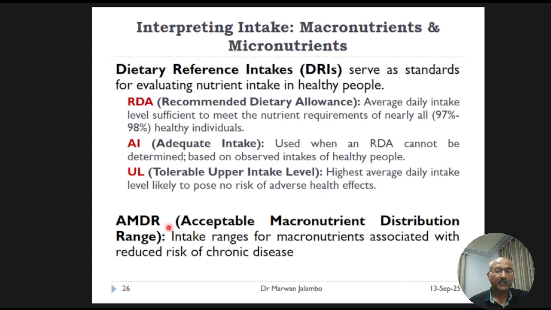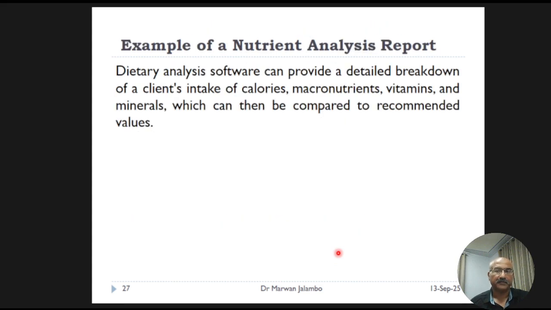The AMDR, abbreviation of acceptable macronutrient distribution range, provides ranges for carbohydrates, protein and fats expressed as a percentage of the total calories that are associated with reduced risk of chronic disease. So let's see what the output of this analysis looks like.